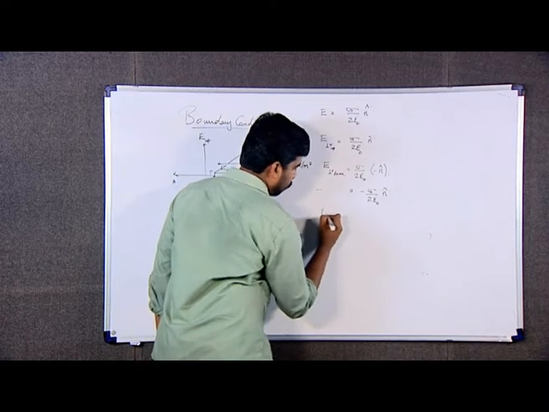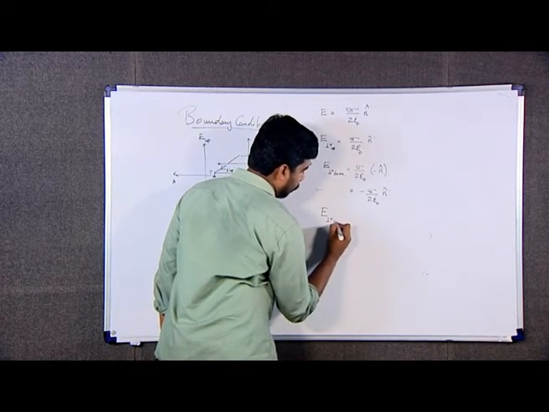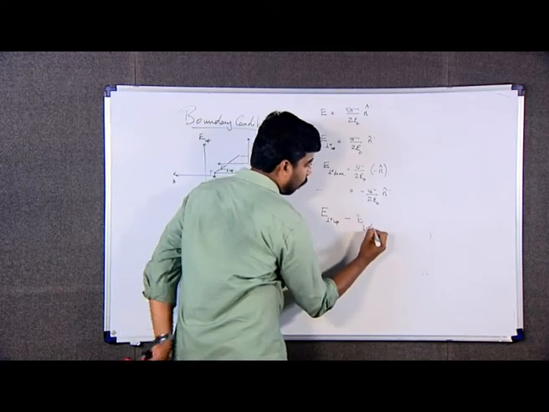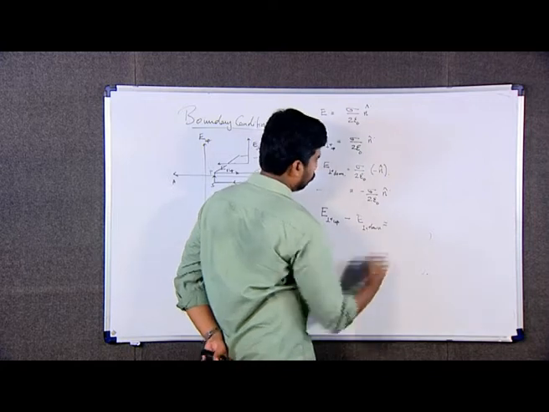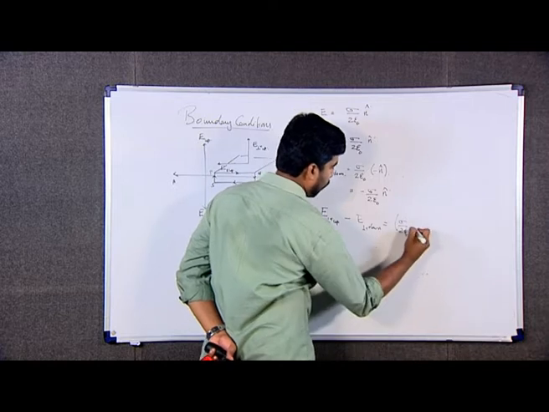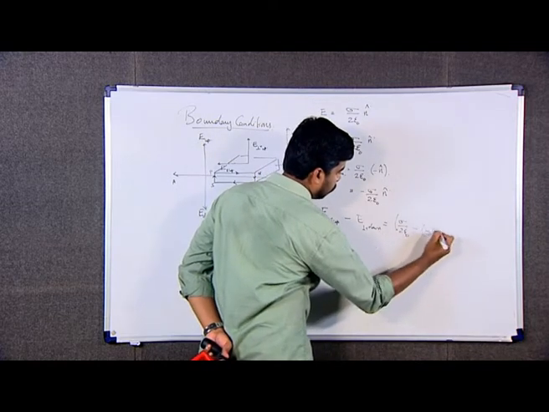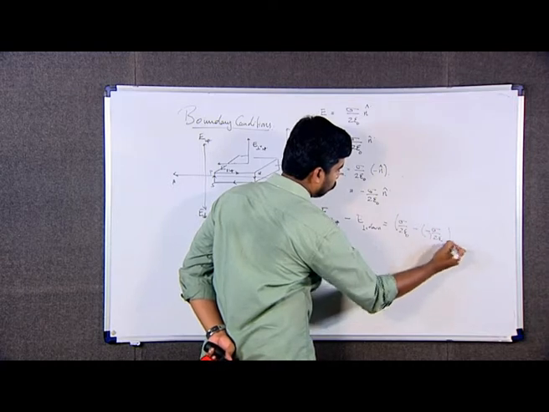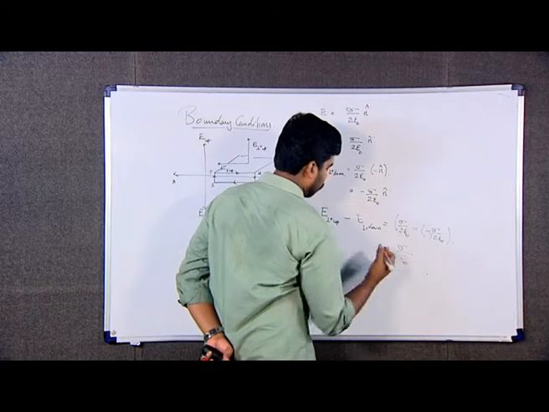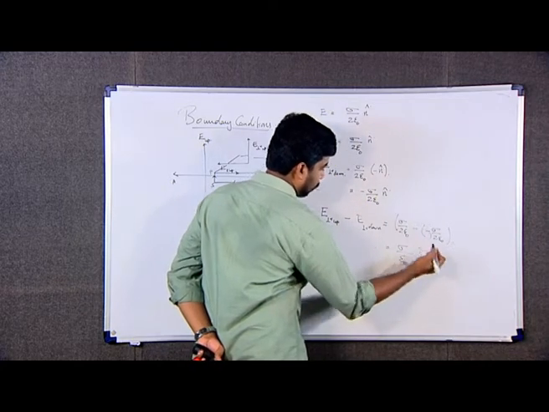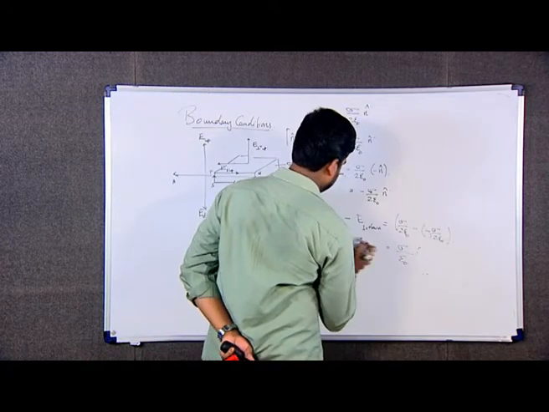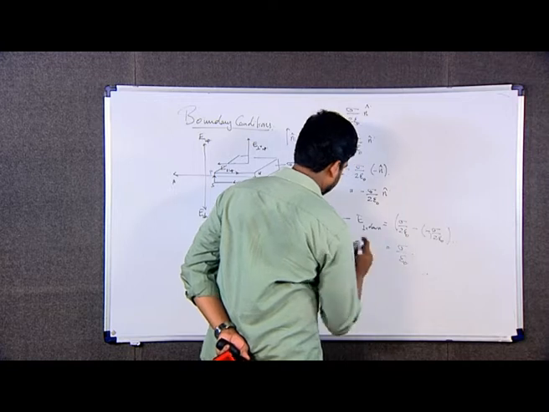Therefore E perpendicular up minus E perpendicular down is equal to sigma by 2 epsilon 0 minus of minus sigma by 2 epsilon 0, which is equal to sigma by epsilon 0 into n cap. Taking the magnitude, it is equal to sigma by epsilon 0.